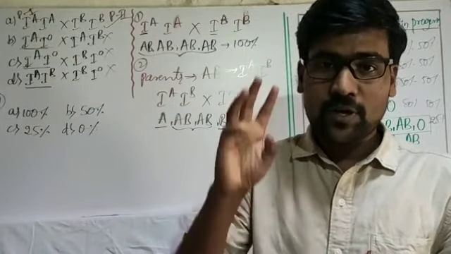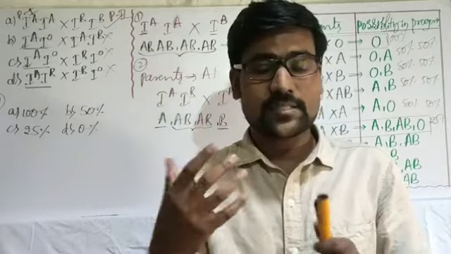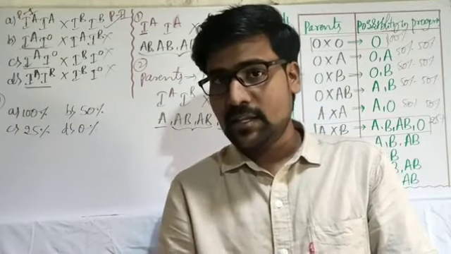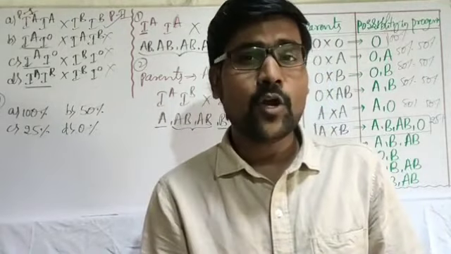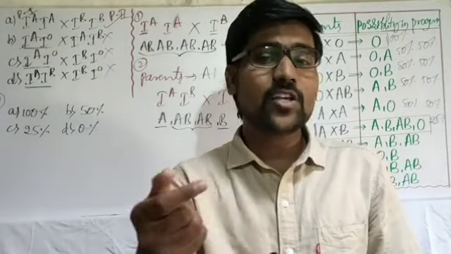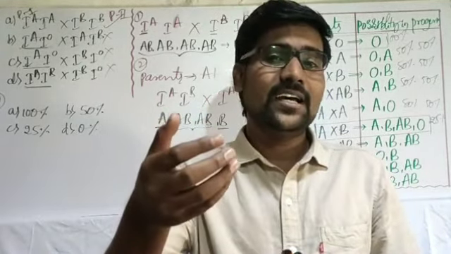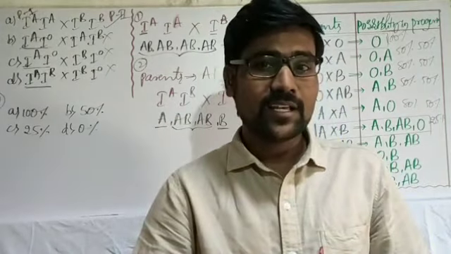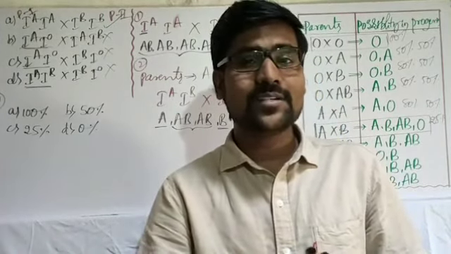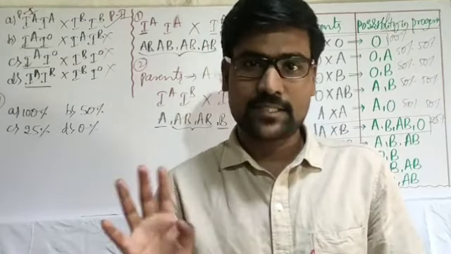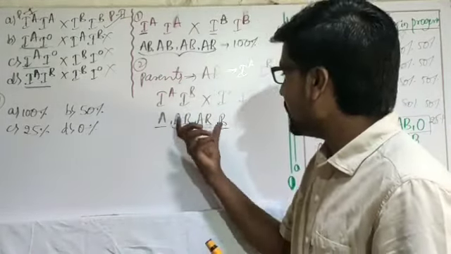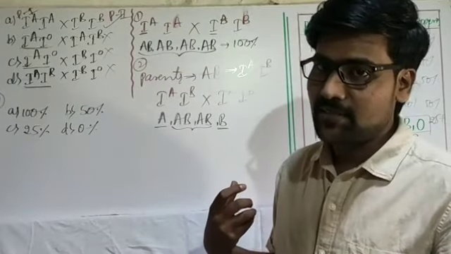Keep in mind, when both the parents are heterozygous, that is when both the parents are AB, they will not get the blood group O. Or in another way we can say, when both the parents are universal acceptors, they cannot produce a child who is a universal donor. That is the thing. So A, AB and B possibility is there here.